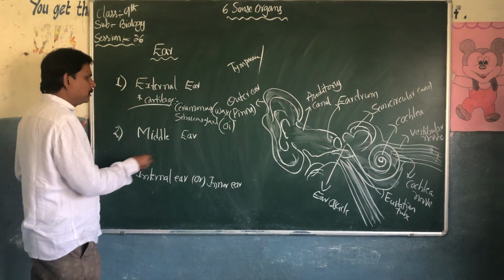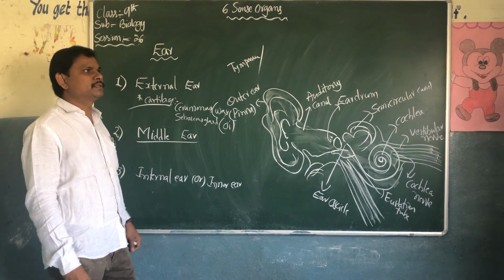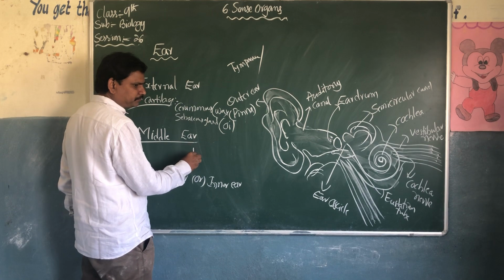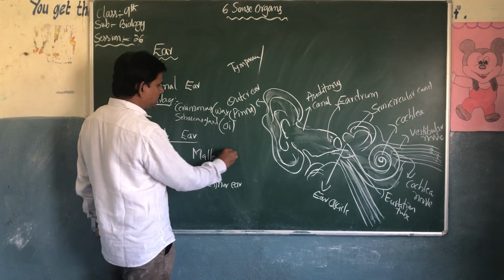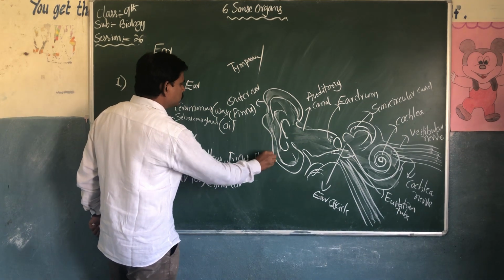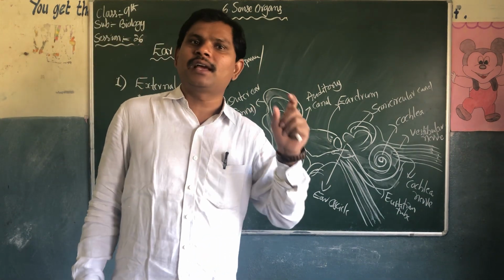So next one is the middle ear. In the middle ear we can see there are three parts: malleus, incus, stapes. In the entire body, the smallest bones are present in the ear.